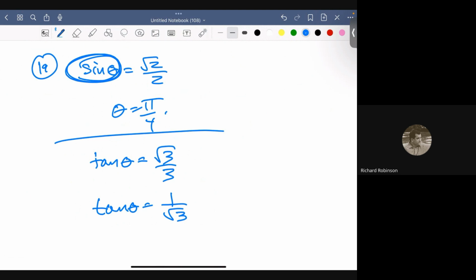So if I put down this finger, I would have 1 over the square root of 3. So it's pi over 6. So the theta that you're looking for is pi over 6.